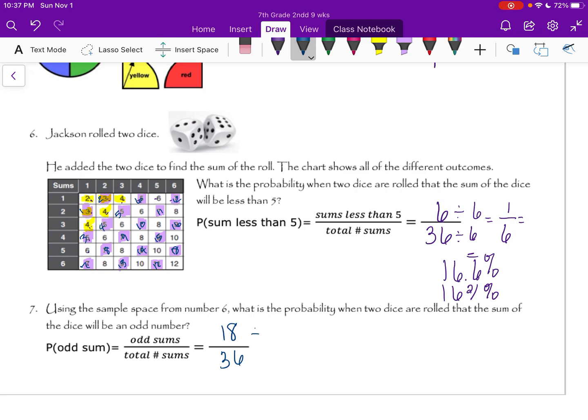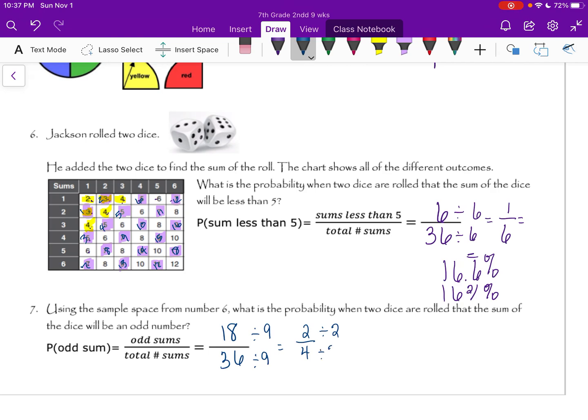Well, 9 for sure. So 18 divided by 9 is 2. And 36 divided by 9 is 4. Can we simplify again? Yes, we can. They're both even, right? So that means we can divide by 2. So, hey, look, it does end up being 1/2. So half of the sums are even and half of the sums were odd. Yeah, that's cool. I didn't know that was going to happen.